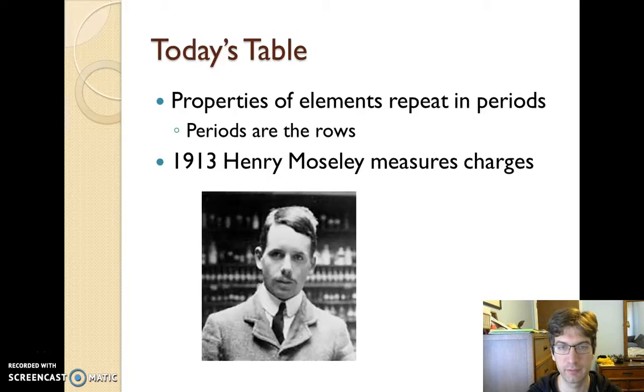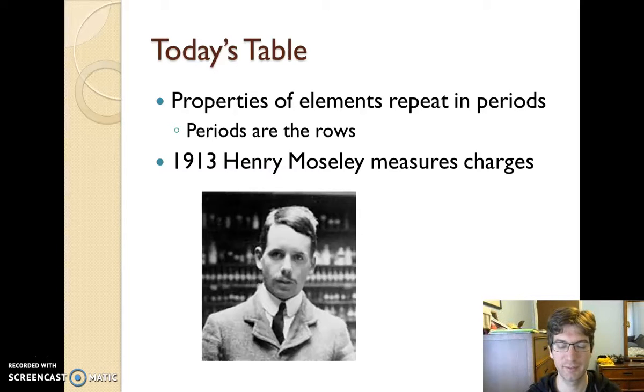Today's table is a little different. In 1913, Henry Moseley was able to measure charges. So now we have the identification of protons and electrons, and we can take Mendeleev's table and we can rearrange it slightly by atomic number as opposed to atomic mass. That way things actually go up 1, 2, 3, 4, 5 instead of, well, hydrogen has the atomic mass of 1 or 2, really, if you have a neutron in there. Helium will have like 4, 2 protons, 2 neutrons, and so on.